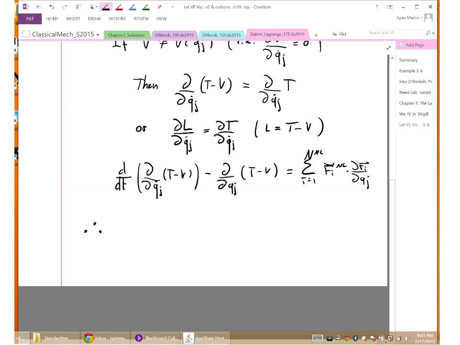And if we write this with L as T minus V, this gives us d/dt of ∂L/∂q_j dot minus ∂L/∂q_j equals the sum over the non-conservative forces.